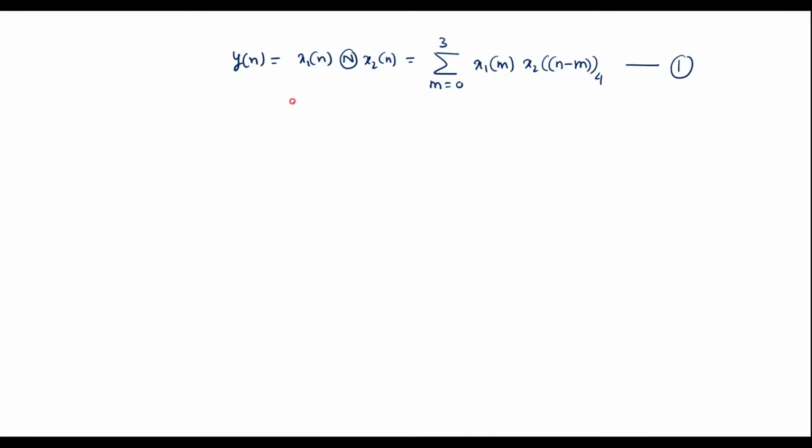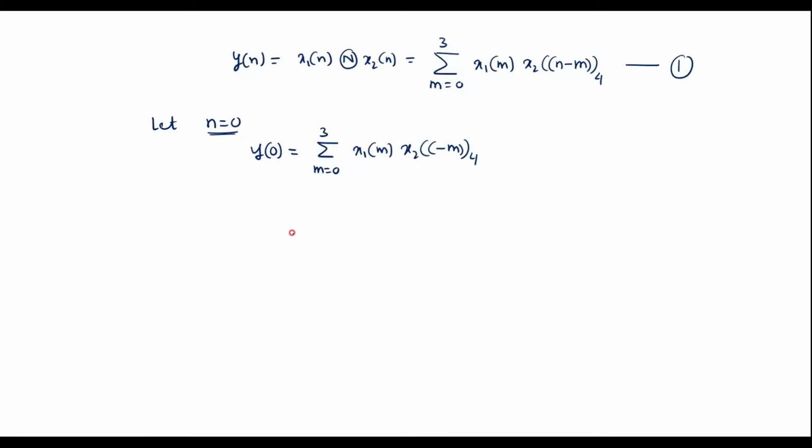Now we'll substitute different values of n in equation 1. Let n is equal to 0. Let me substitute n equal to 0 in this equation. We'll get y of 0 is equal to summation m equal to 0 to 3, x1 of m, x2 of (0 minus m) modulo 4.